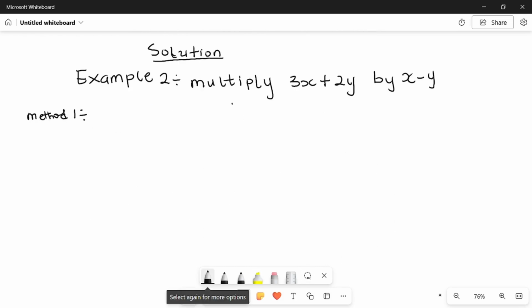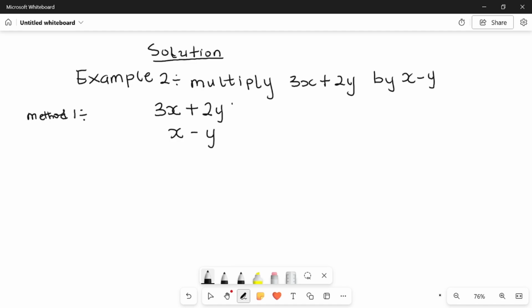The first method we were given what? 3x, plus 2y. We should multiply it by what?